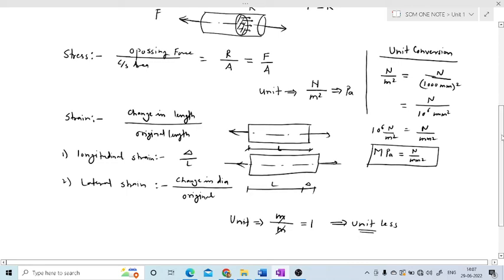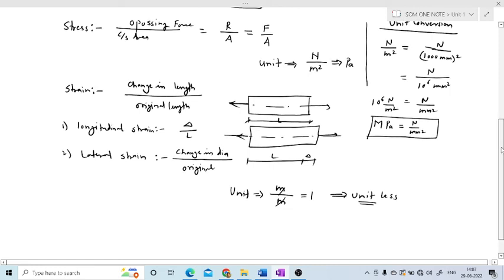Now there is another term normally learned along with stress and strain, that is the Poisson's ratio. Now what is this Poisson's ratio? This Poisson's ratio is nothing but the ratio of lateral strain to the longitudinal strain.